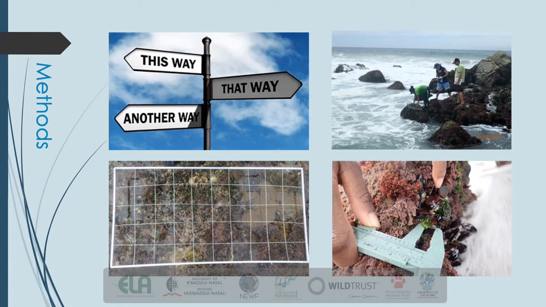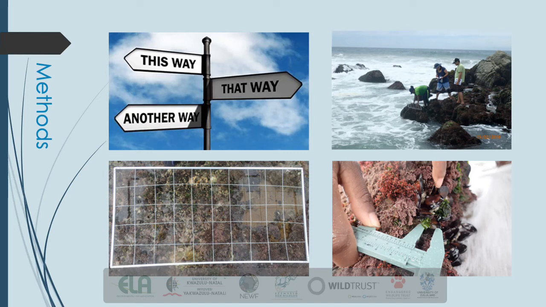Within each quadrat, we took percentage cover of the sessile species, and we also took counts and measurements of the mobile species. We then used the counts and measurements of mobile species to give us an estimate of percentage cover of the mobile species.